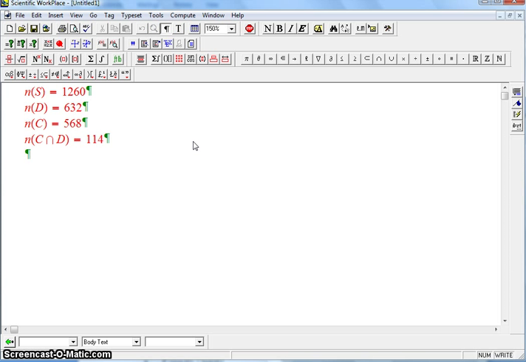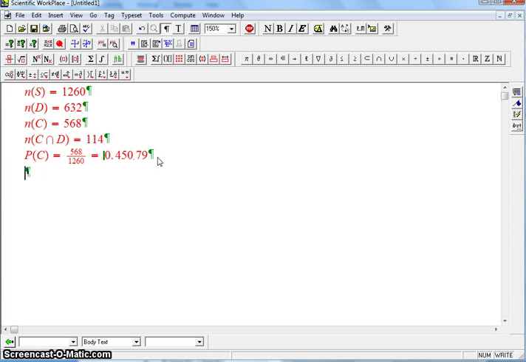So then let's look at the probability that someone has a cat. Just straight up, that's 568 over 1260. Get a decimal for that. It's a little under half as advertised. Okay.